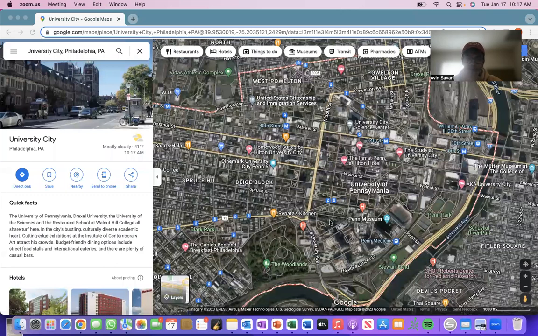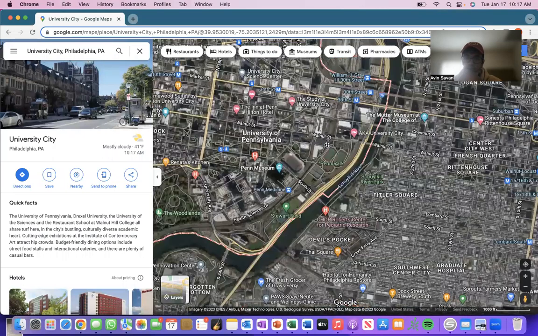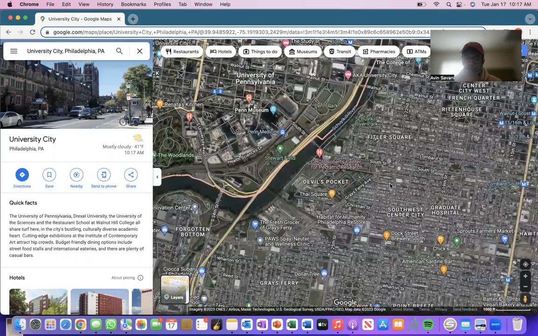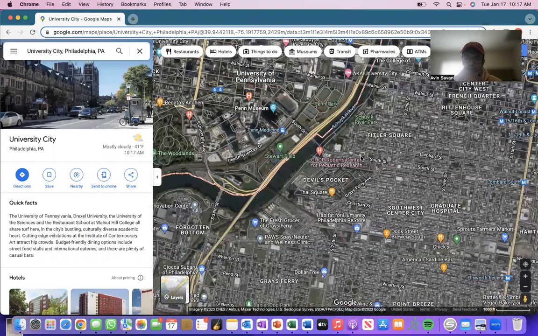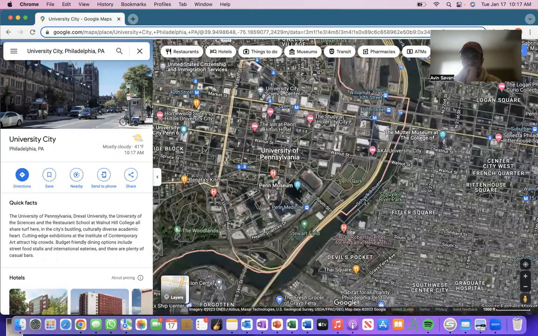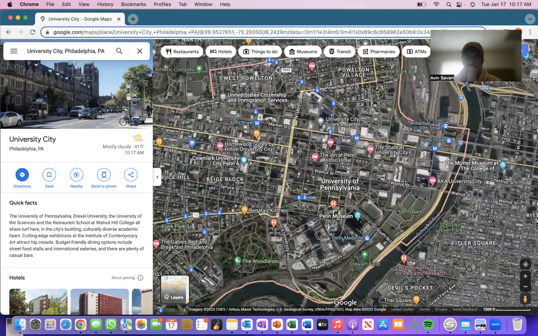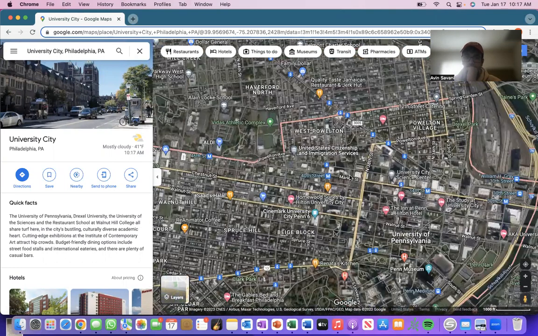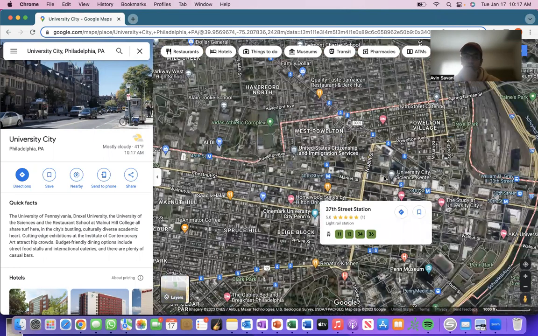Sorry about that. So basically, University City, it's still on the left side of the Schuylkill River. On the right side, that's where you have Passyunk, Devil's Pocket, Fitler Square, and Rittenhouse Square is across that. So this is where I would say there's a lot of good volume and a more stable market, in my opinion.